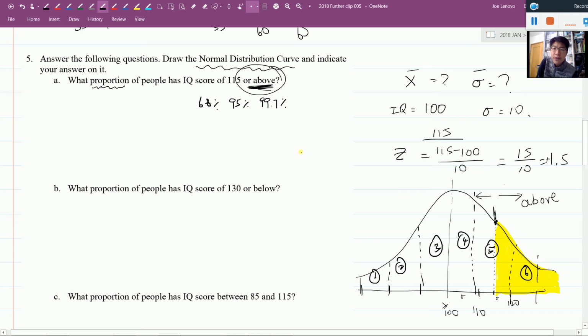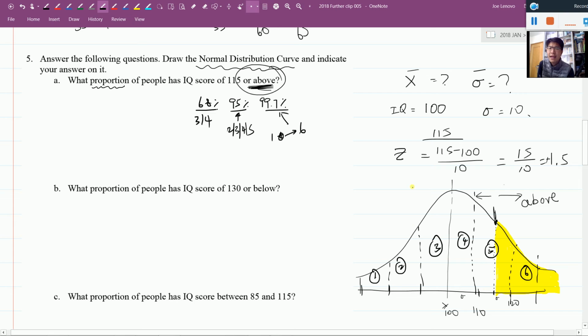And if you just look at regions 3 and 4, that would be equal to 68%. If you look at 2, 3, 4, 5, that would contribute 95%. If we add 1 all the way to 6, that would be 99.7%.